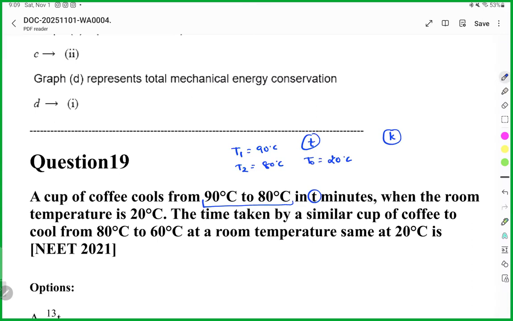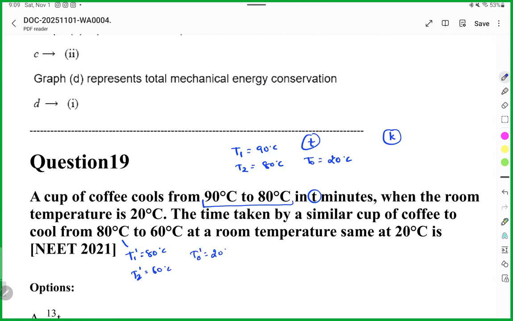Example, if we have a similar wire, then the resistivity will be same, right? So if you have similar material, the constant will remain same. In the second situation, T1 dash is 80 degrees Celsius, T2 dash is 60 degrees Celsius, and T naught dash is again 20 degrees Celsius.